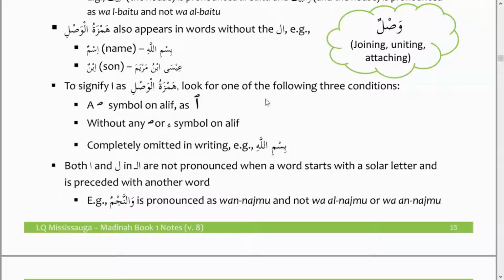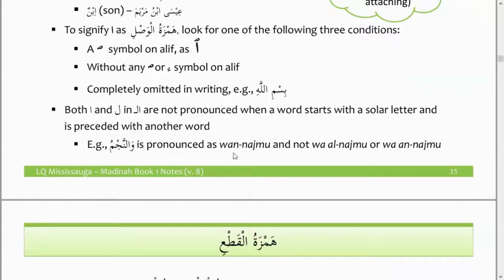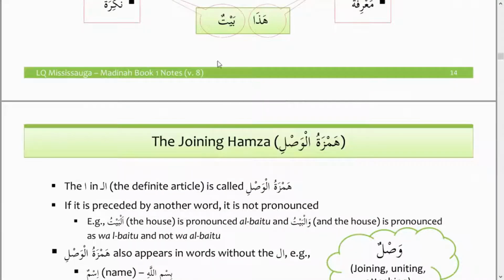Wan najmu is pronounced wan najmu and not wa an najmu. We don't stop. That is also not right. We have to say wan najmu. So this is one Hamzatul Wasl, which I thought of introducing, inshallah.